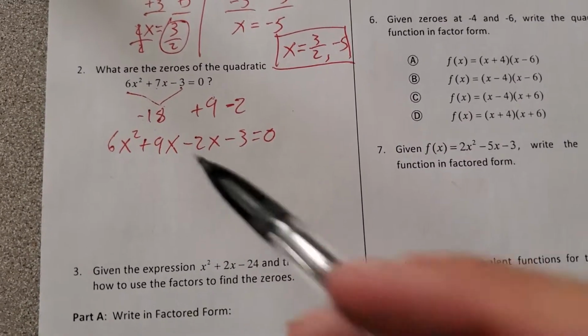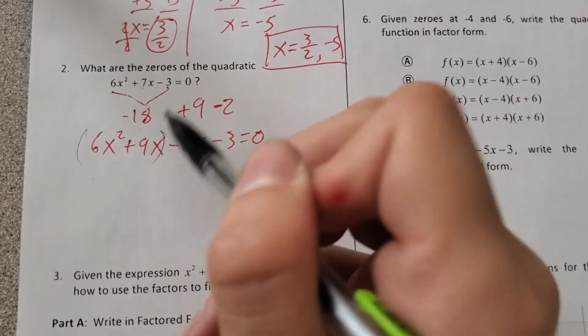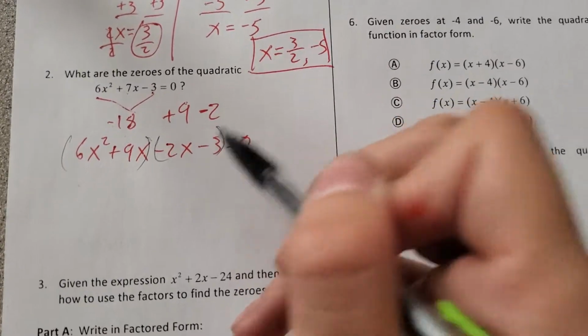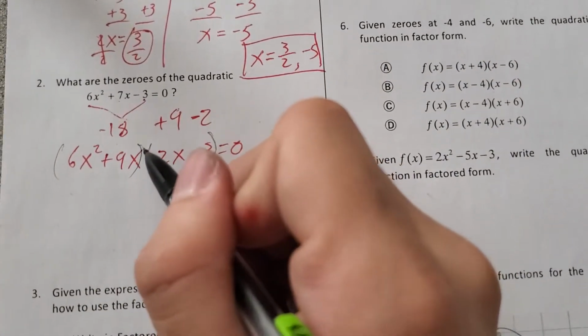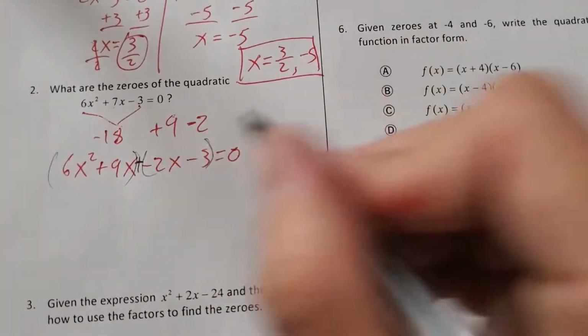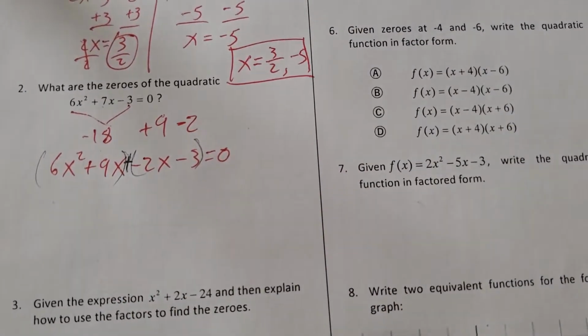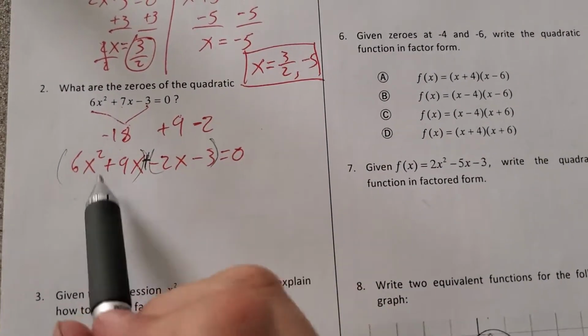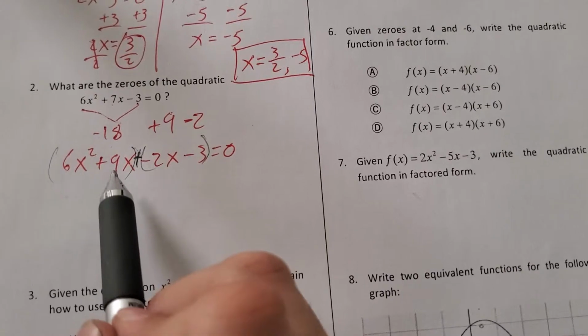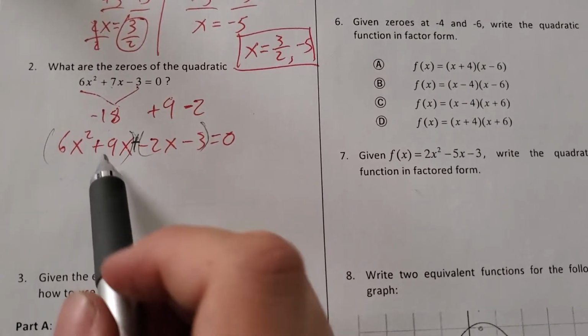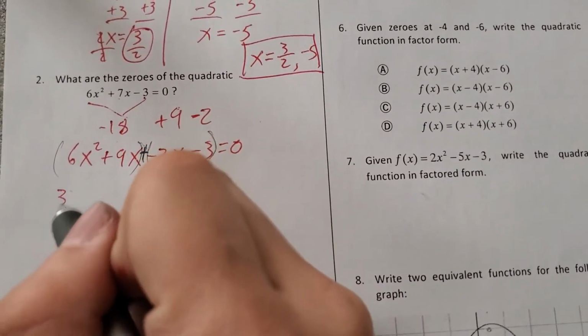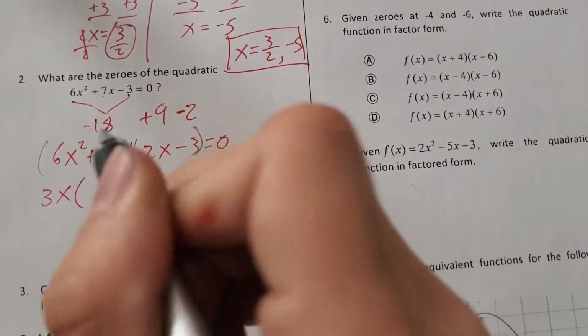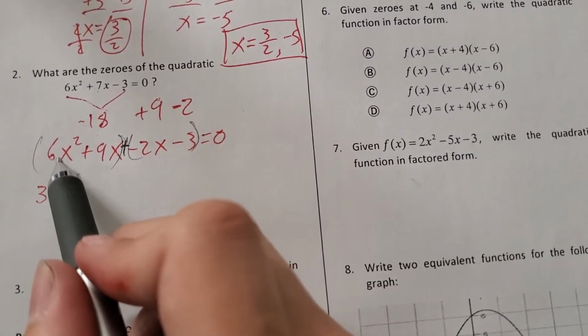I'm going to take these two, and I'm going to take these two. Remember to always put a plus in between them, because I'm not multiplying them, I'm just separating them. So what can I take out of 6x squared and 9x? I can take out 3x.